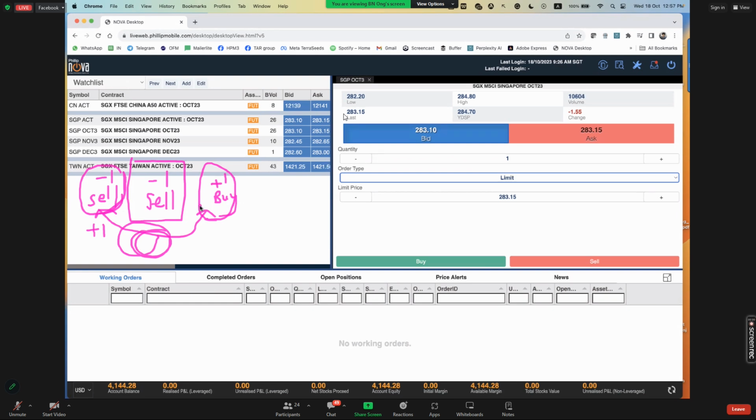Okay. So in order to close your buy position, what do you have to do? You have to sell it. Okay. So this is very important. Just remember, it's always the first in, first out thing, right? So if you have the starting position as a buy, to close it, you always sell it.